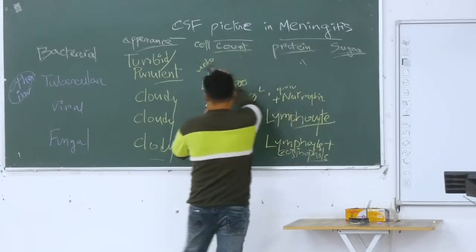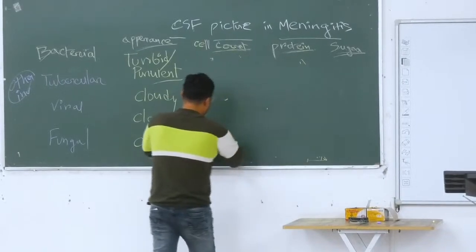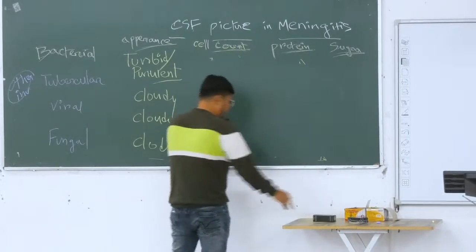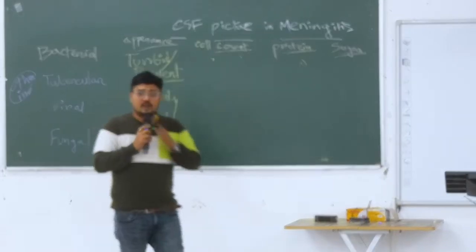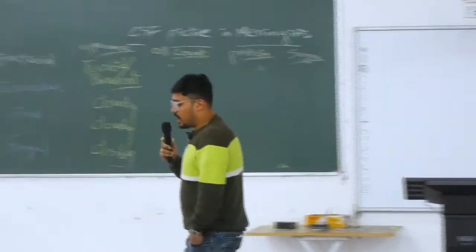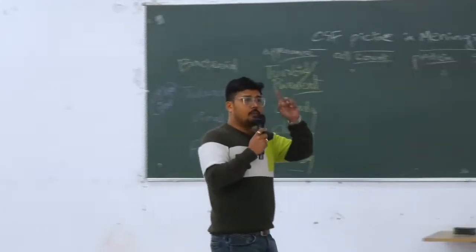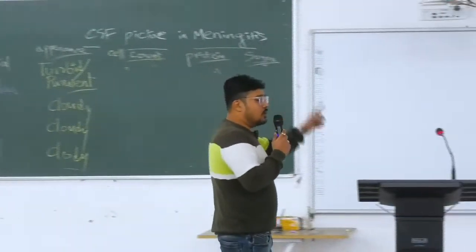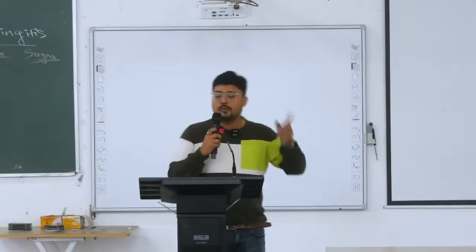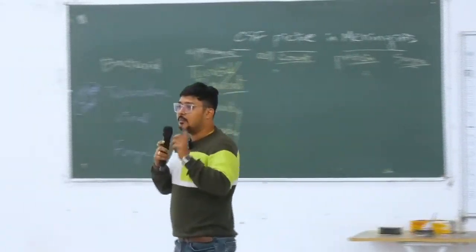Now, coming to the protein part. Again, as with the other parameters, we have to know the normal range of protein in CSF whenever we discuss the abnormal. The normal protein value of cerebrospinal fluid is 15 to 45 milligram per dL.